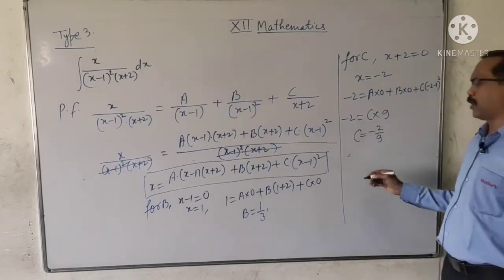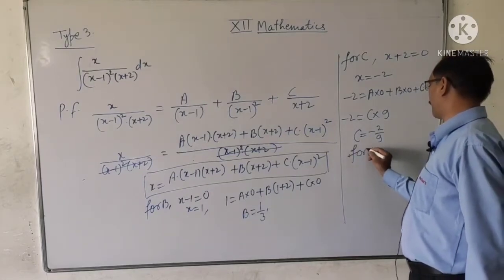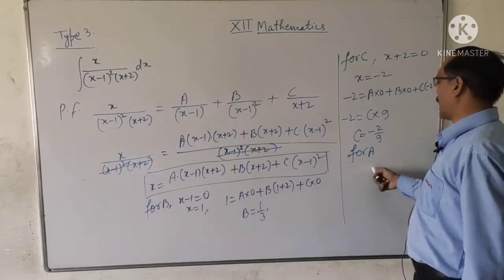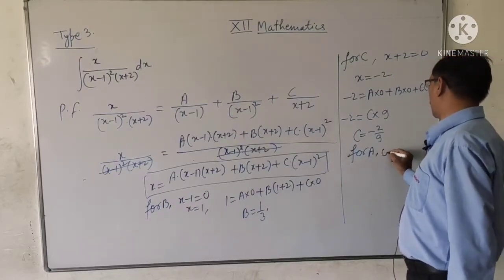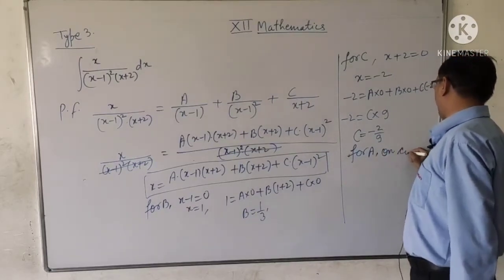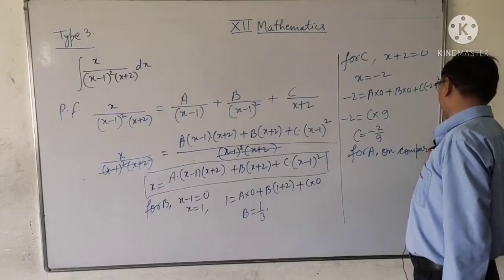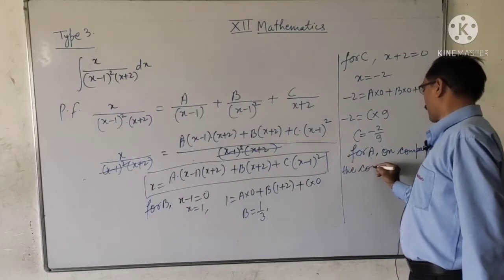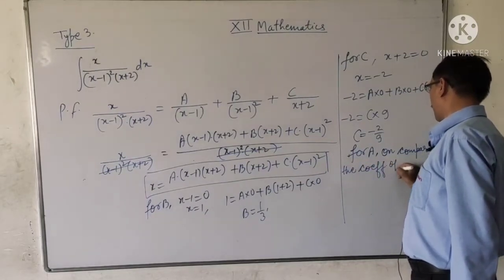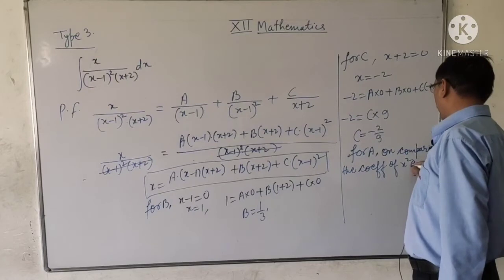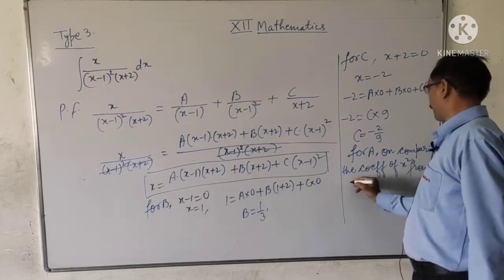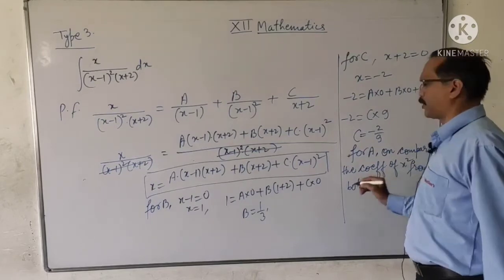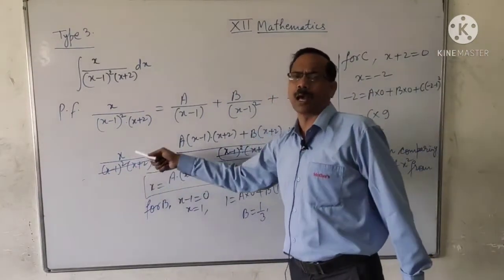To find the value of A, we will compare the coefficient of x square on both sides. On comparing the coefficient of x square from both sides, students, you can see there is no x square on this side.